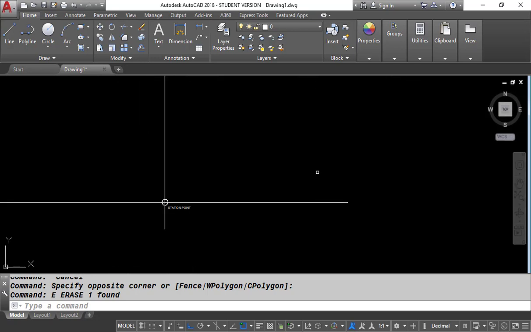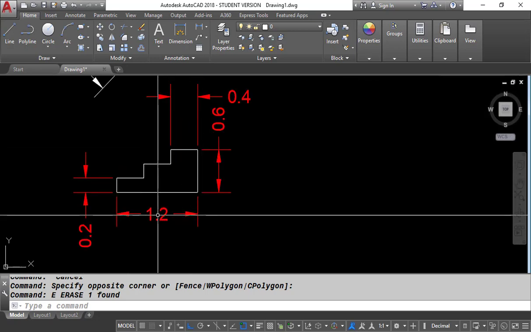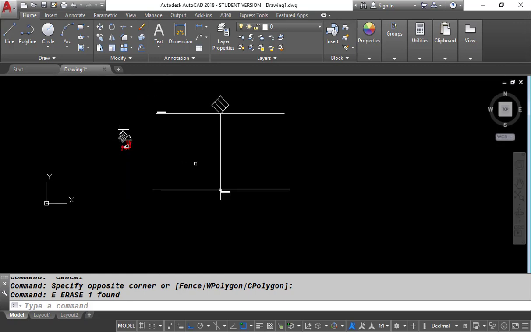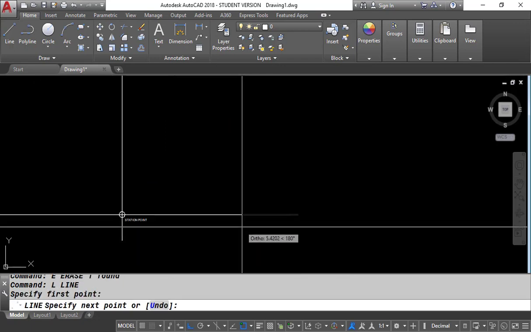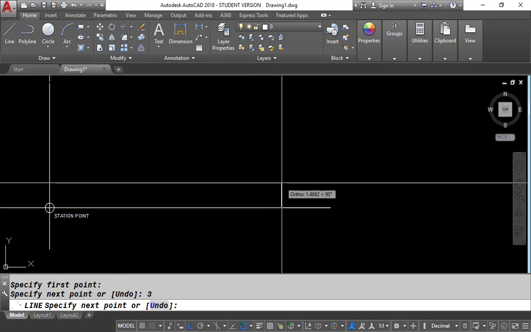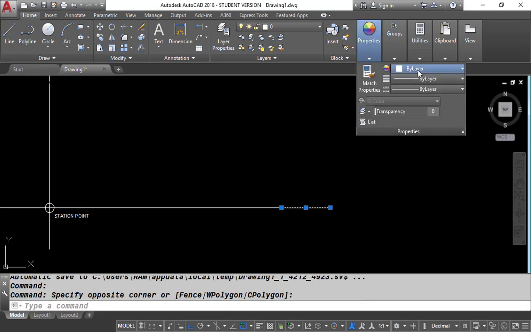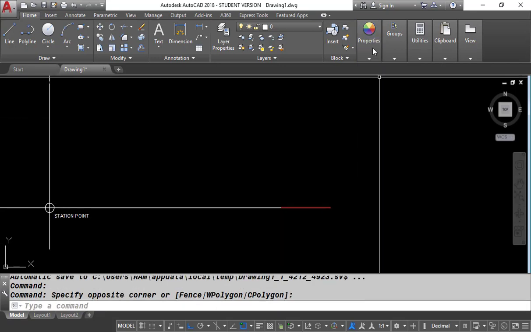So here I will draw this cross section. So 1.2 divided by 0.4, so our length becomes 3. I will draw one line of 3 from anywhere, and I will change the color so that you will be able to understand. This is 3.